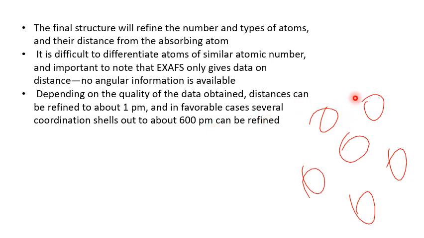There may be a number of shells surrounding the absorbing atom. So up to 600 picometers, the coordination shells can be refined, their internuclear distance can be measured, and the type of atom can be determined.